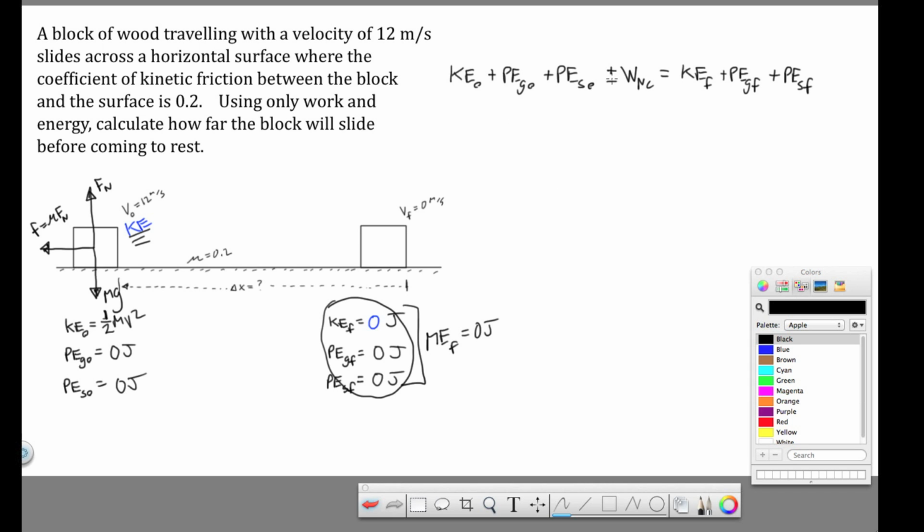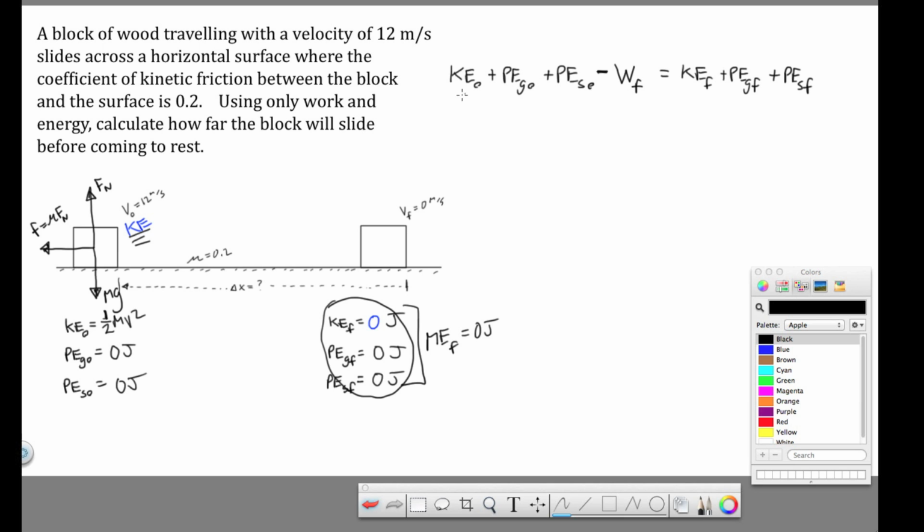So let's go through this master equation. Right here we have work non-conservative. I'm going to change that to work of friction, because in this problem the non-conservative force is friction, and it's going to be negative because friction always takes energy. It's going to remove energy from the initial mechanical energies.